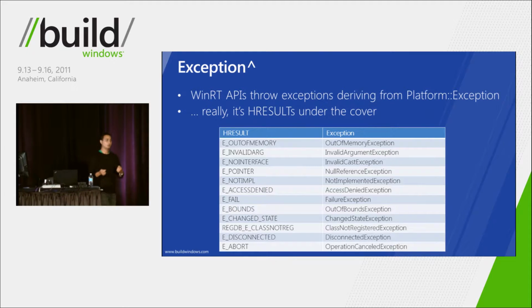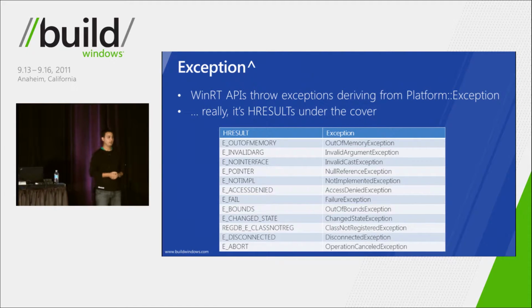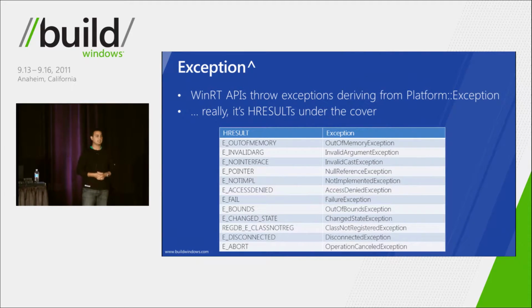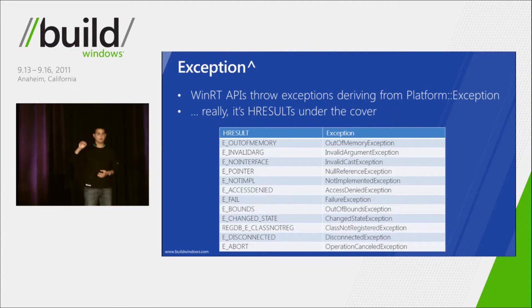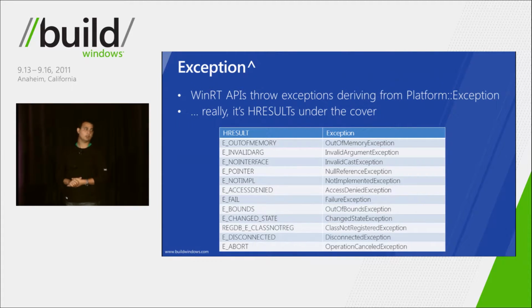So what's the relationship between the HRESULTs and the exceptions? Basically, there's a Platform::Exception type. That exception type is the base of all the exception types that are thrown across WinRT boundaries. There are 12 known exception types in WinRT, and they all inherit from Platform::Exception.